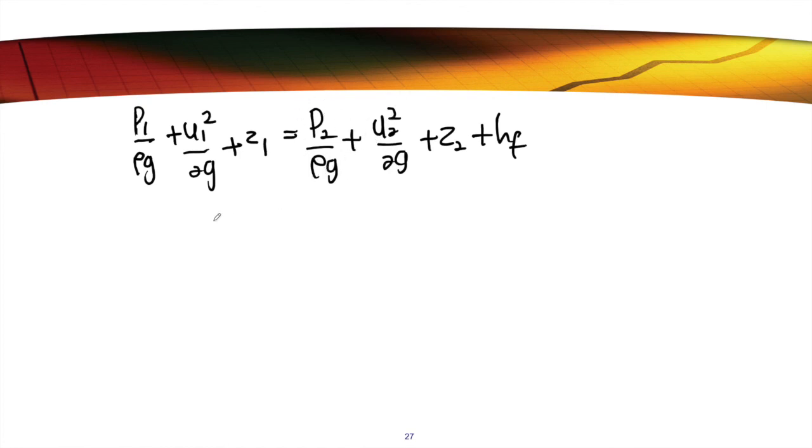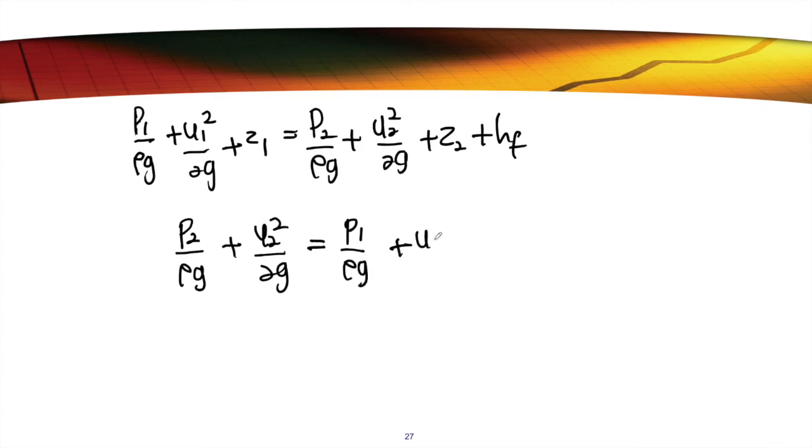So rearrange this equation. P2 over rho g plus U2 squared over 2g equal to, bring all other parameters to the left hand side, so rearrange it. So P1 over rho g plus U1 squared over 2g plus Z1 minus Z2 minus HF.